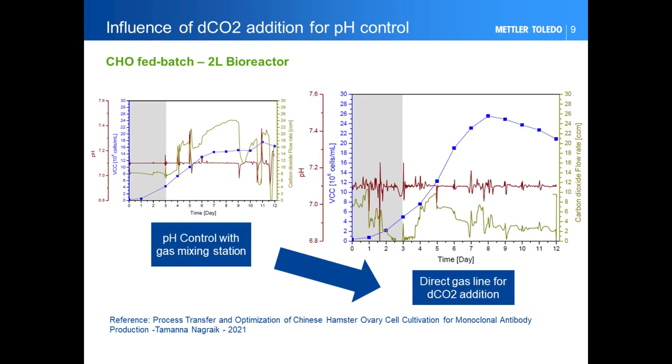And the successful transfer of process in terms of viable cell concentration to the 2-liter bioreactor was achieved, and viability beyond 96%, with a final product concentration around 2.9 grams per liter. So another major difference was the addition of feed to the bioreactor.